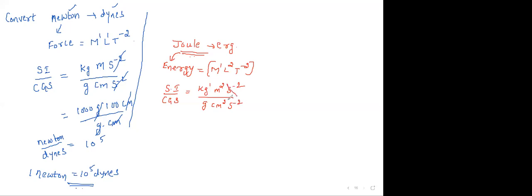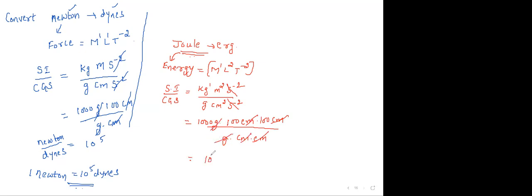So S power minus 2 will get cancelled out. 1 kg, how many grams? 1000 grams. 1 meter squared, how many centimeter? 100 centimeter. Since it has square, you can write it 2 times. Whole thing divided by gram. This centimeter squared can also be written 2 times, centimeter, centimeter. So this 2 centimeter will get cancelled out. This gram also gets cancelled out.